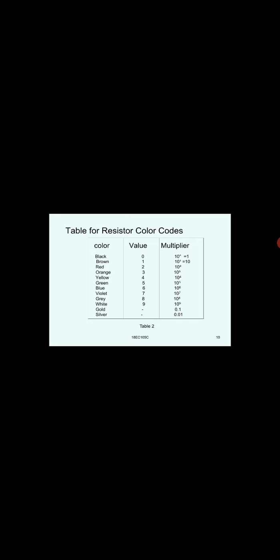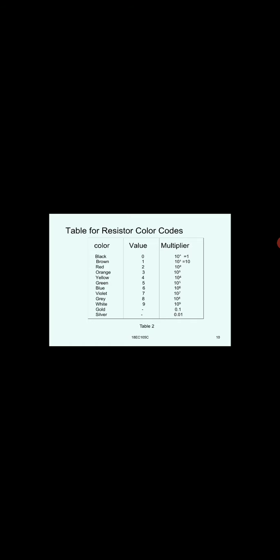So the value of black is 0, brown is 1, red is 2, orange is 3, yellow is 4, green is 5, then blue is 6, violet is 7, gray is 8, white stands for 9. So the multiplier will be 10 to the power of 9 if it is in the multiplier position.